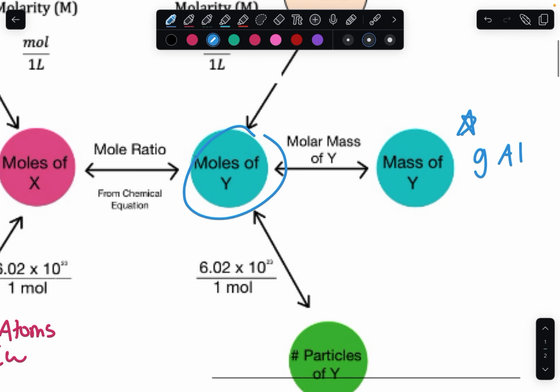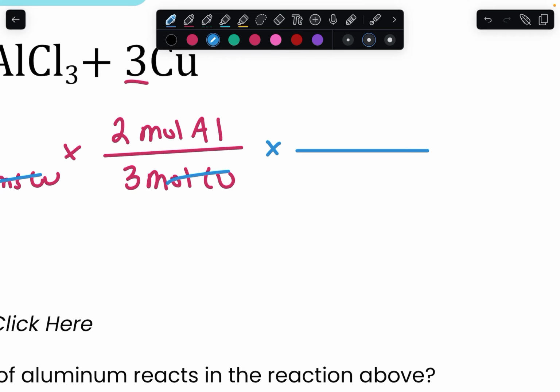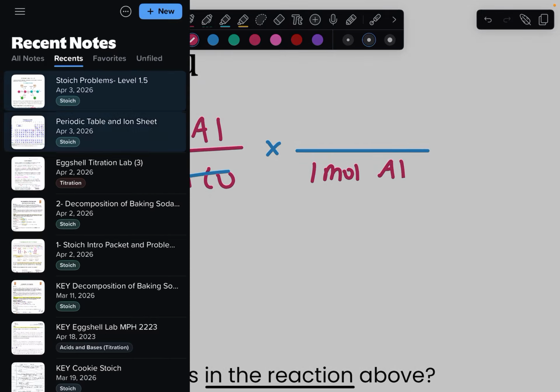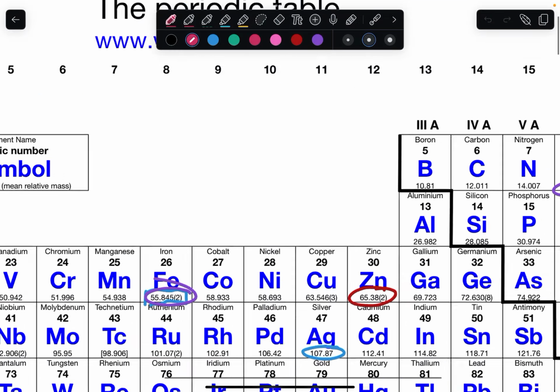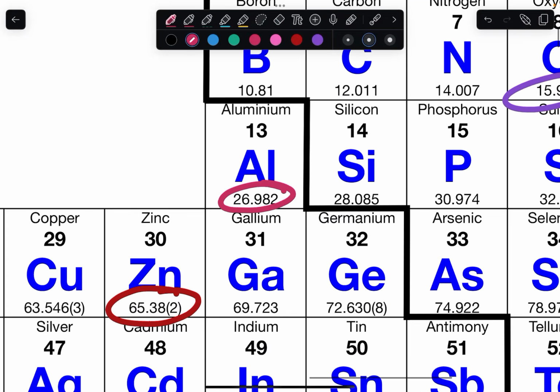Final step should seem pretty familiar. We need to go ahead and use a molar mass of Y to get from moles of aluminum to grams of aluminum. For every 1 mole of aluminum, we need to find how many grams that is, so let me go ahead and consult our periodic table. 1 mole of aluminum weighs 26.982 grams.